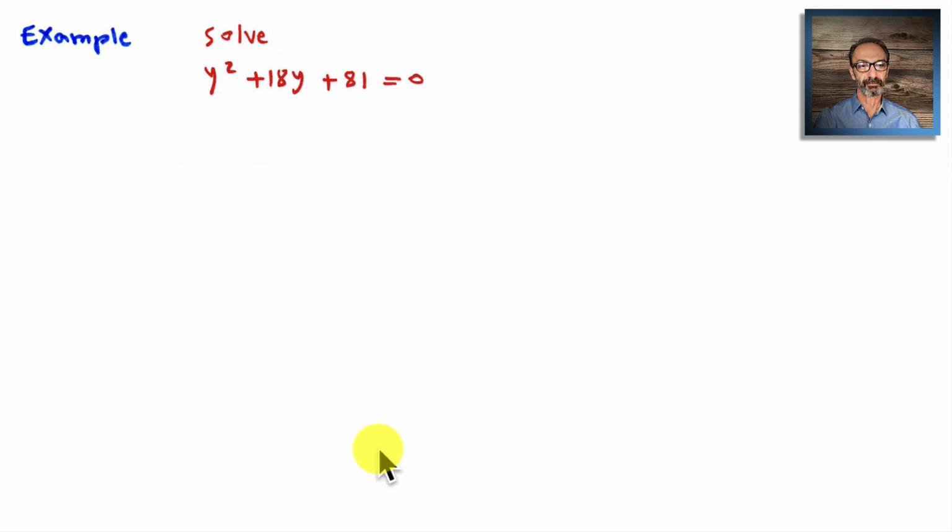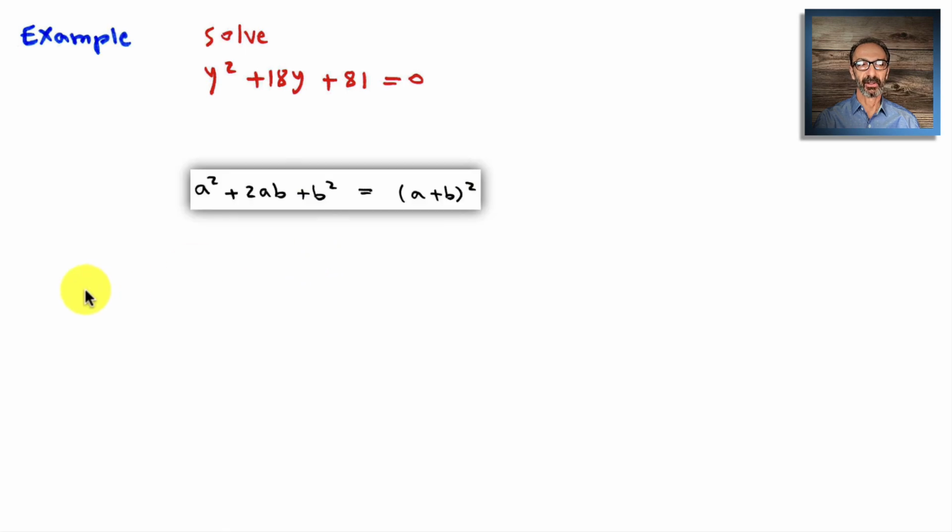Next example. To factor this, you could start with two sets of parentheses. Probably 81 will be 9 times 9. And those two 9s will add up to 18. So that should do it. Or you could use directly a formula that is a perfect trinomial.